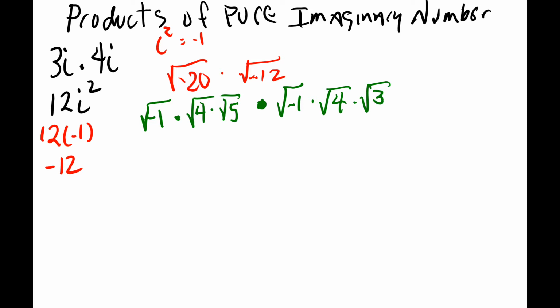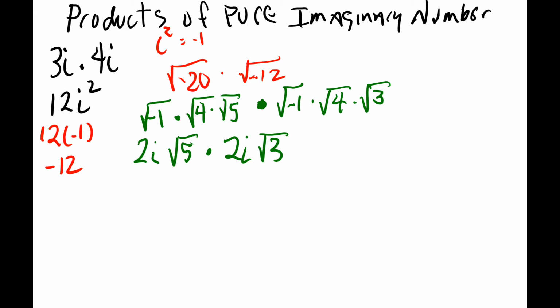All right, so if the square root of -1 is i, and the square root of 4 is 2, well, now I've got 2i times the square root of 5. And here on the right-hand side, again, I've got the square root of -1, which is i, and the square root of 4, which is 2. And so I've got 2i times the square root of 3.